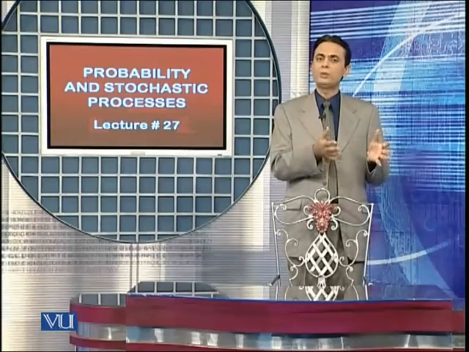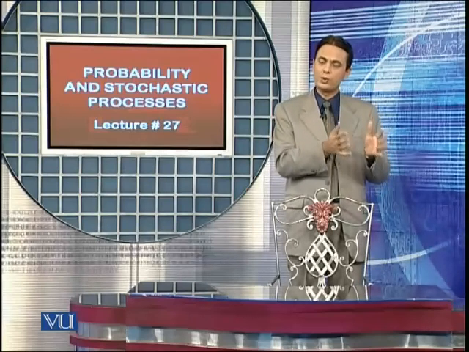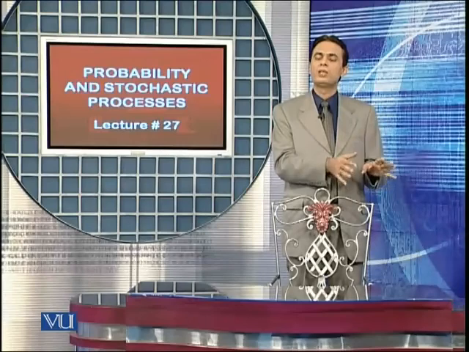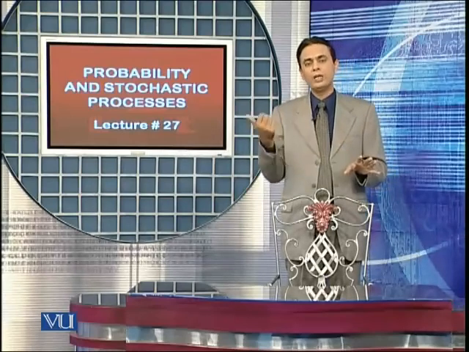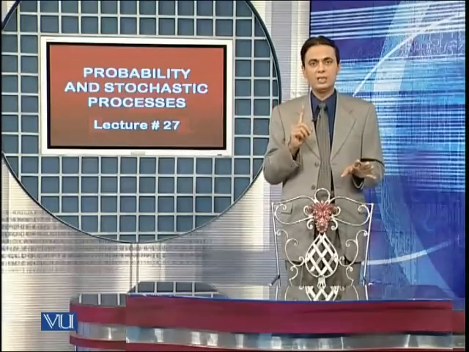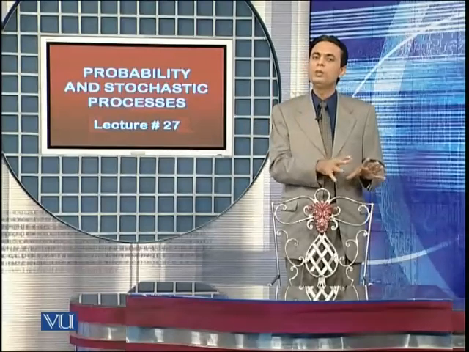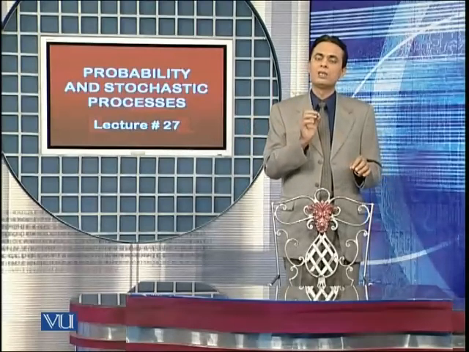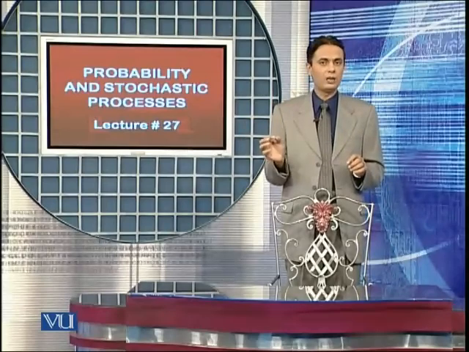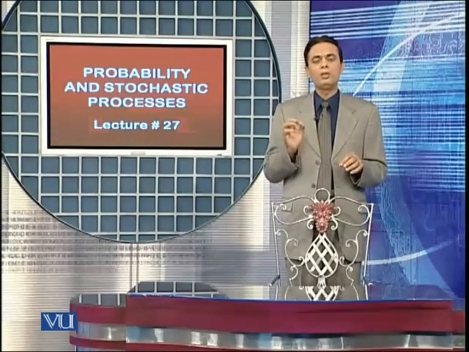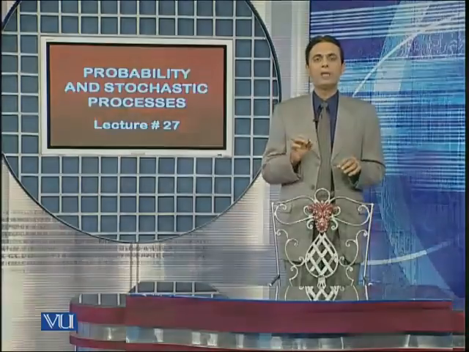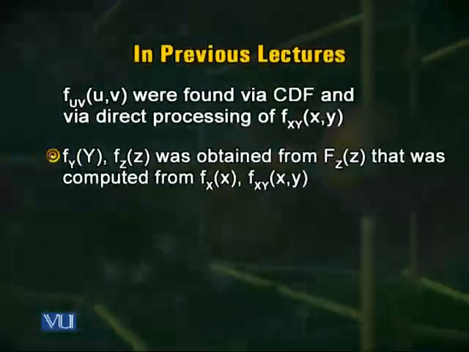So if we have to transform a joint PDF of two underlying random variables x and y to a new derived random variable z, a scalar valued random variable, through a transforming function from R square to R, then we can only take this route where we find the CDF of z from the joint PDF of x and y, and from that CDF of z we reach the PDF of z through differentiation.